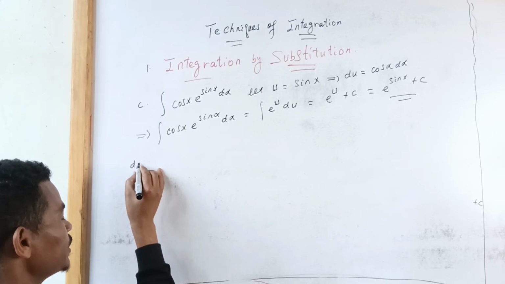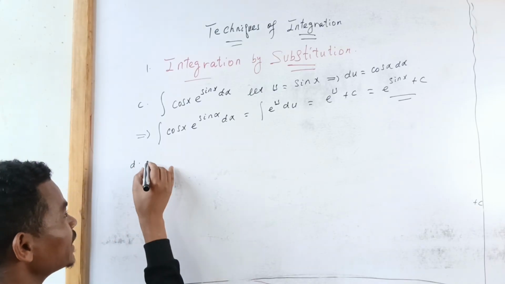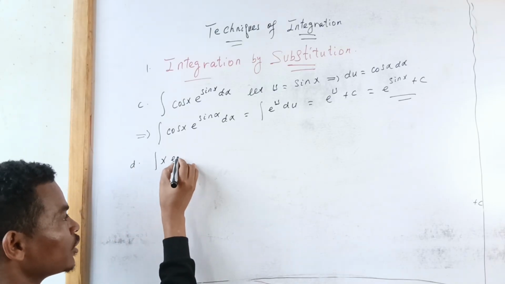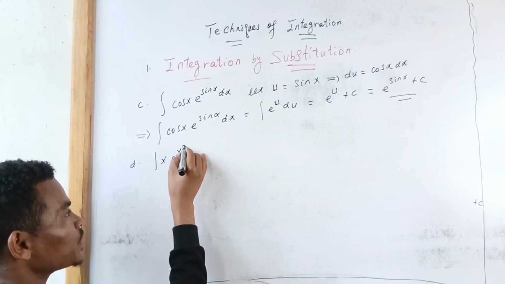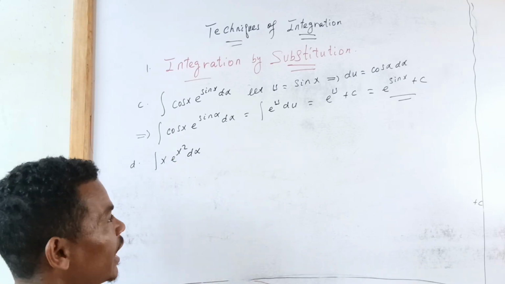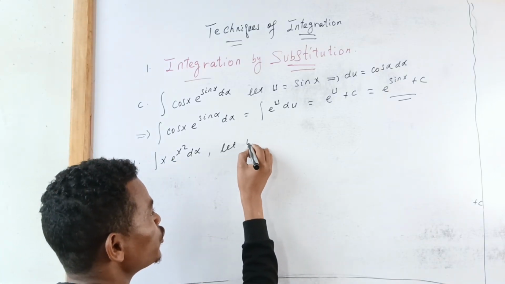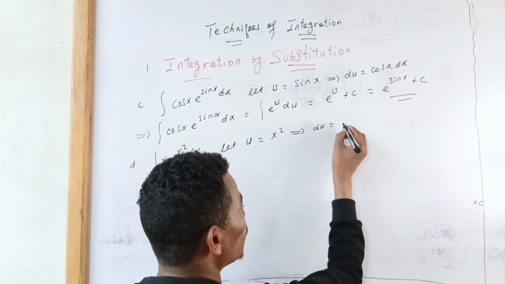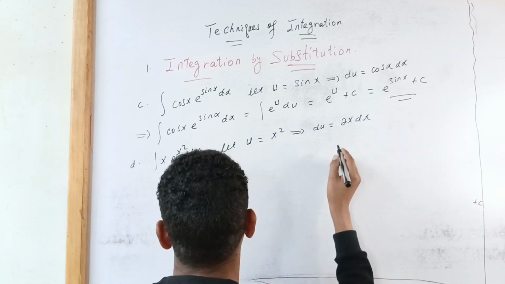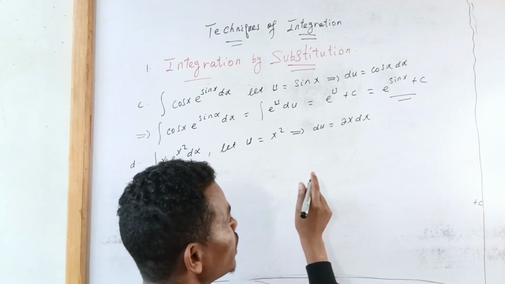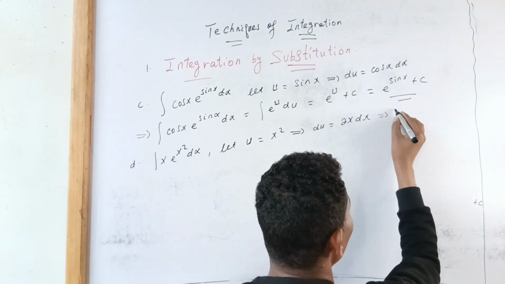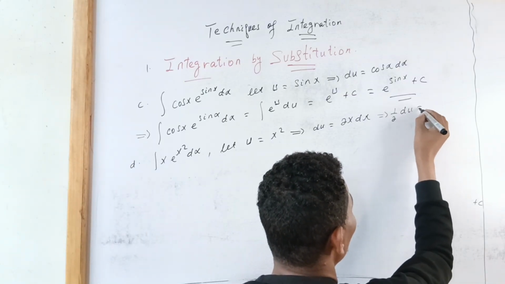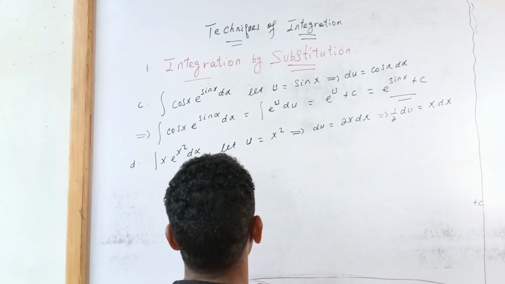d) integration of x e to the power of x squared dx. Again, in this case, let u equal x squared. This implies du equals 2x dx. In this case we have x dx, so dividing by 2, 1 over 2 du equals x dx.